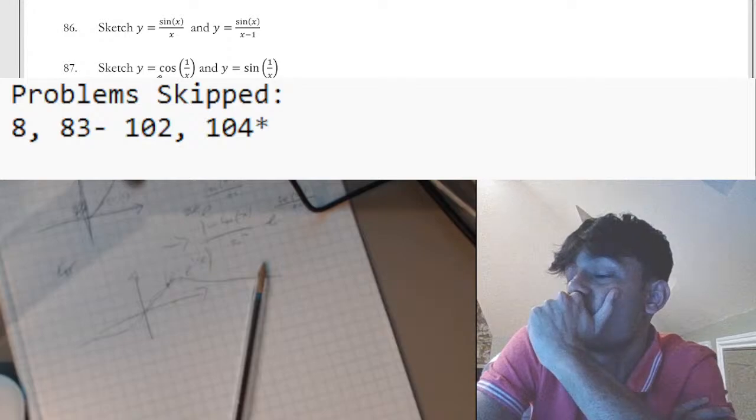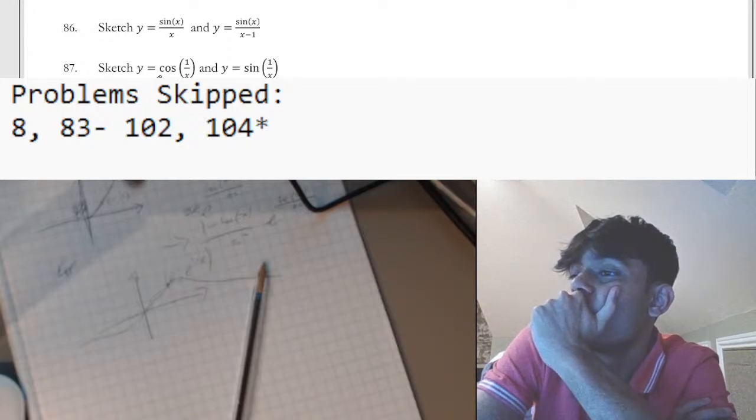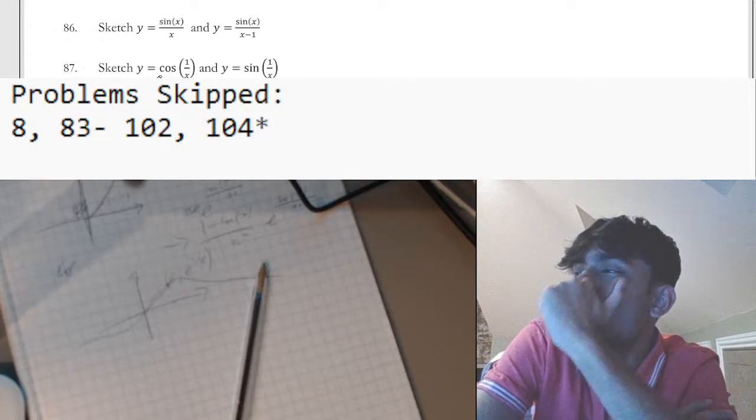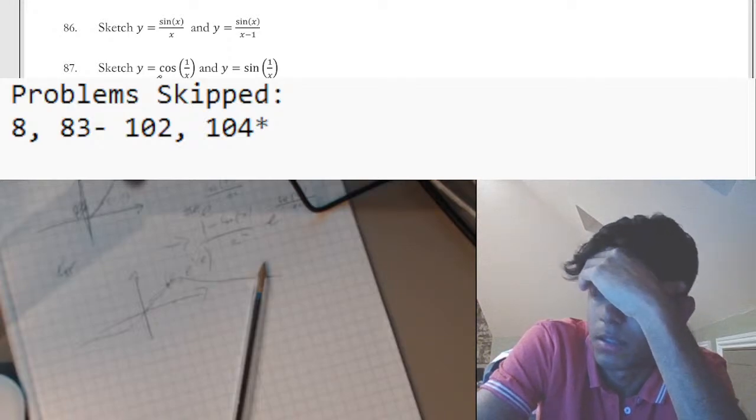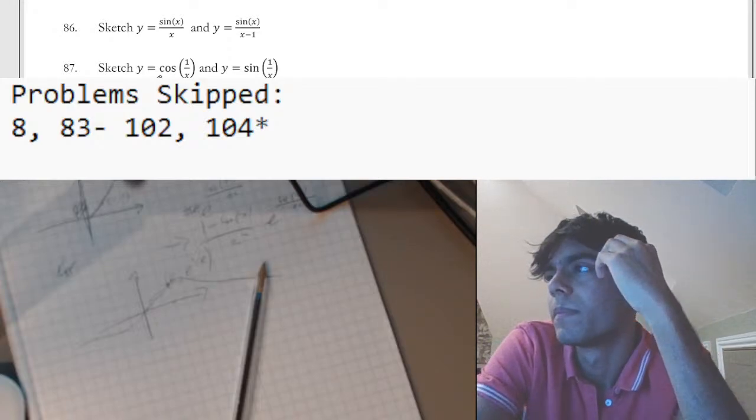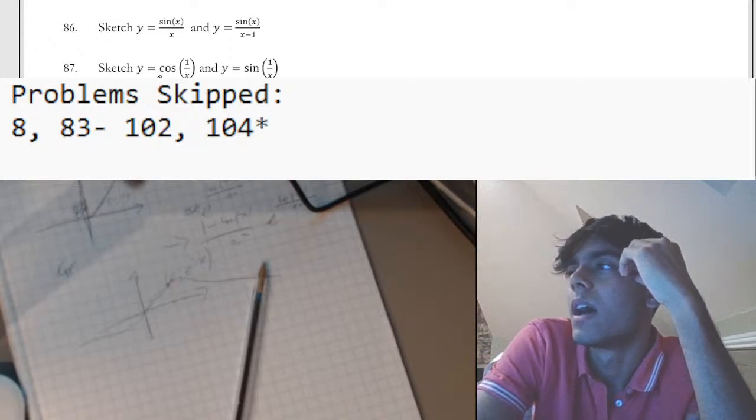Oh, okay, sin x over x. When x is very small, sin x is basically x, so it's gonna be 1. At x is 0, it's undefined.